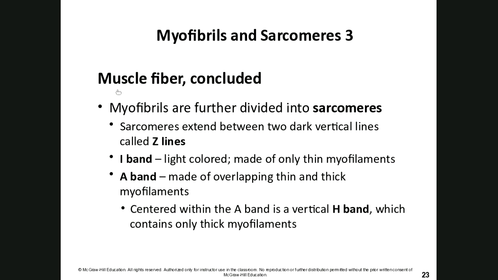The I band is directly connected to the Z line. So if we're going from the outside Z lines in, we have Z lines on the outside, then we have the I band, which is only those thin filaments, also known as actin, and then you have the A band, where you have the thick and the thin filaments, and then you have right there at the center the H band, where the thin filaments are connected right there to the center line.